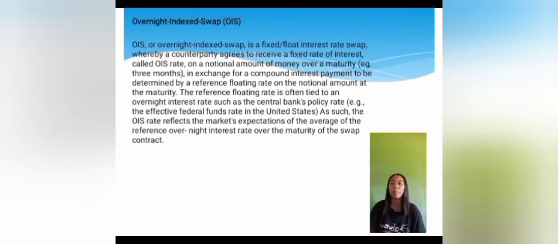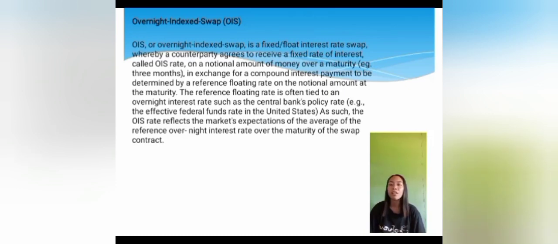Overnight Index Swap, or OIS, is a fixed or floating interest rate swap whereby a counterparty agrees to receive a fixed rate of interest called the OIS rate on a notional amount of money over a maturity, for example 3 months, in exchange for a compound interest payment to be determined by a reference floating rate on the notional amount at the maturity.